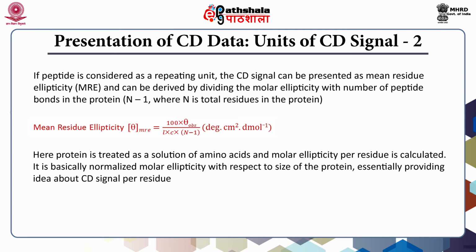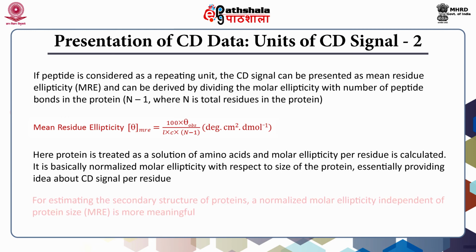It is basically molar ellipticity normalized with respect to the size of the protein, essentially providing an idea about the CD signal per residue. For estimating the secondary structure of proteins, a normalized molar ellipticity independent of protein size, that is the MRE, is more meaningful.